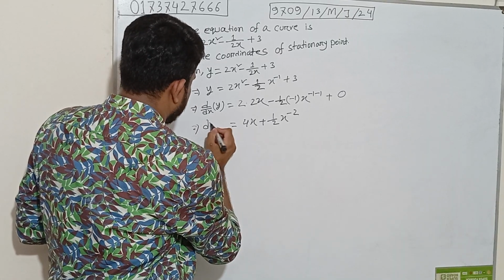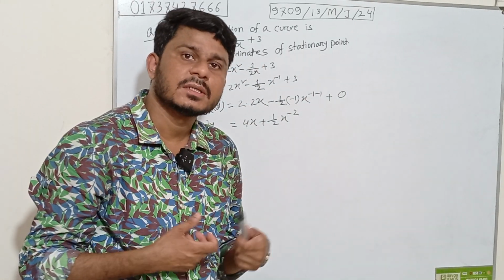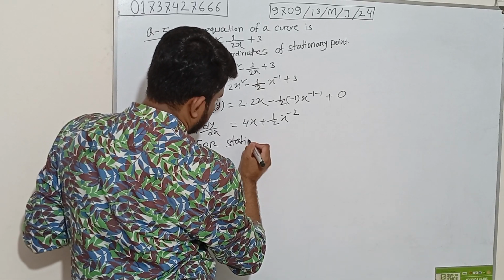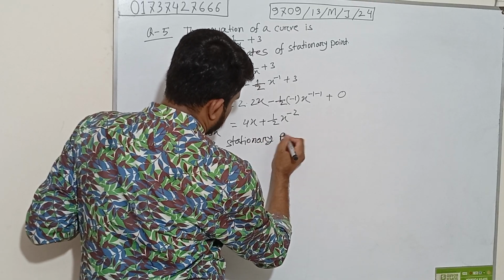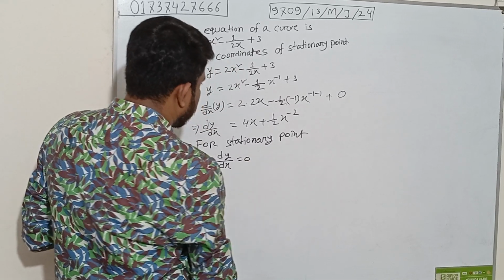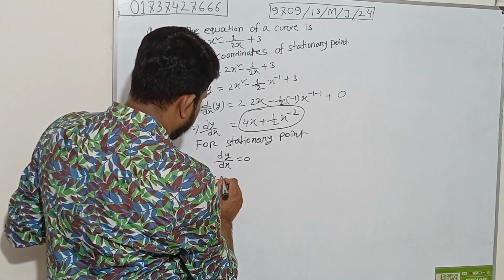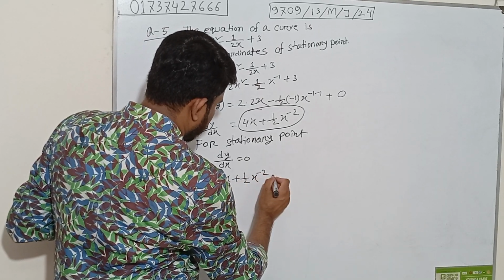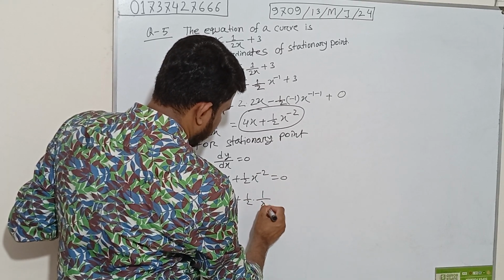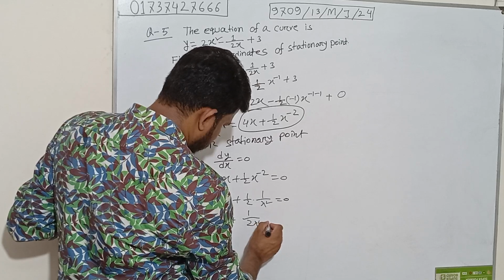So dy/dx = 4x + 1/2 x^-2. For the coordinates of a stationary point, we write dy/dx = 0. That means 4x + 1/2 x^-2 = 0, and x^-2 we can write as 1/x². So 4x + 1/(2x²) = 0.